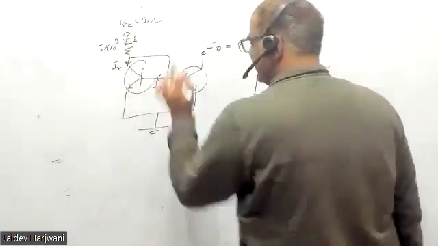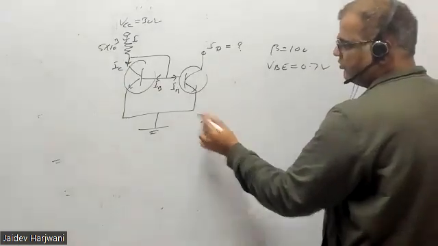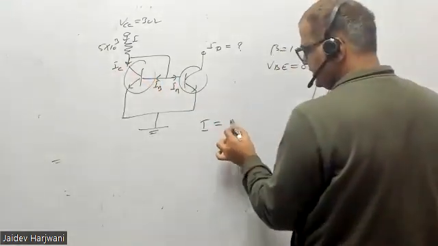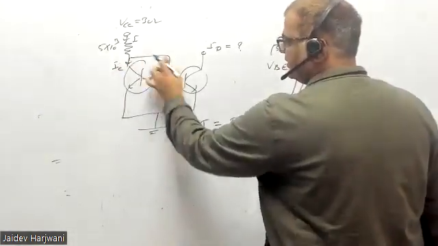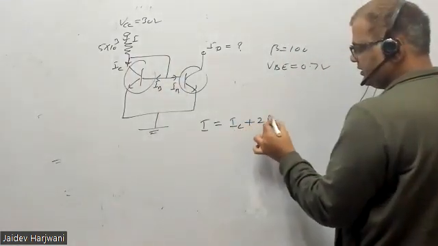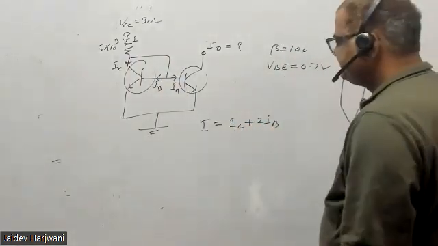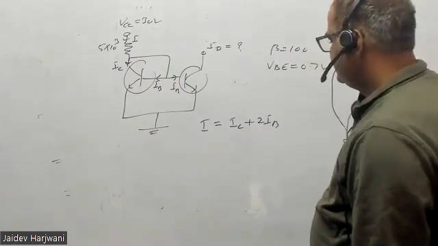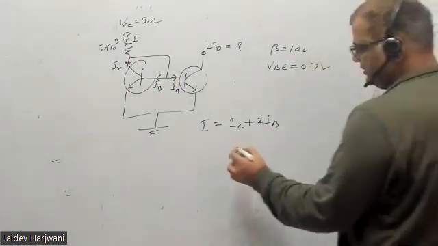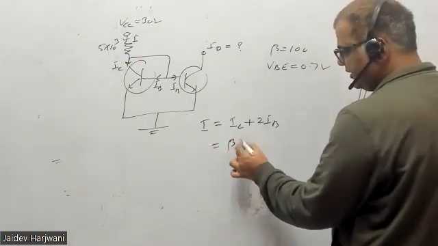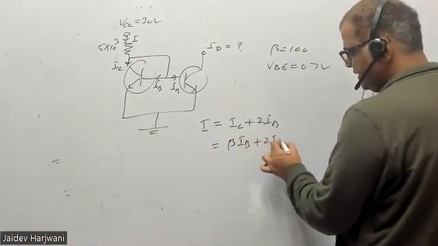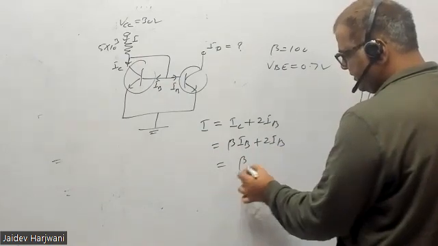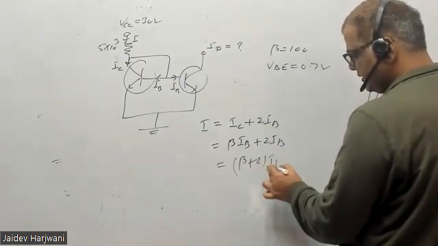So this total current I coming, this I is equal to what? IC is going here, and this 2IB going here. This is my I. Okay. So from here you can find, now this IC is again beta IB. This is 2IB. So this is beta plus 2 times IB.